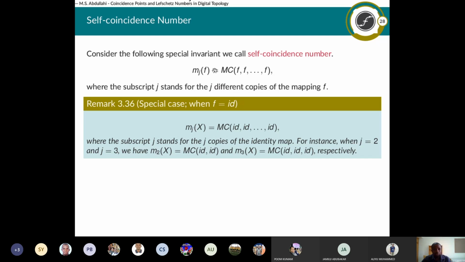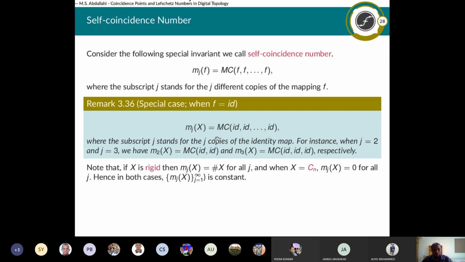Another special case of this is when we take this function to be only the identity mapping. If we take this to be the identity mapping, we end up having this set. For instance, if J is equal to 2, we have MC(ID, ID), and if J is equal to 3, we have the minimum coincidence number between three identity mappings.